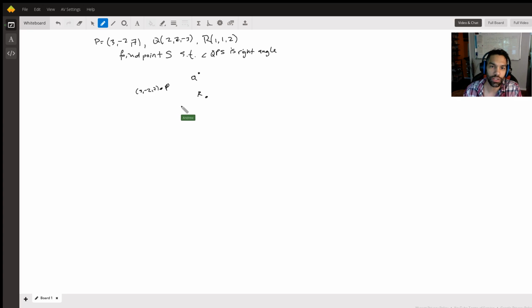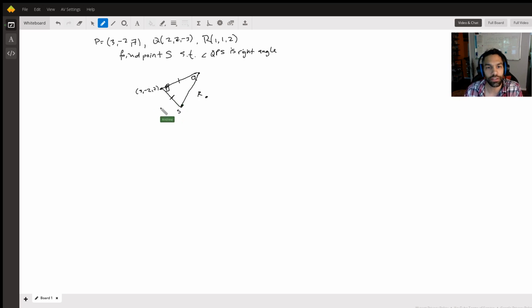So I'm trying to find this point S, such that when I create this triangle here, these two sides are the same length, and this is a right angle right here. All right.